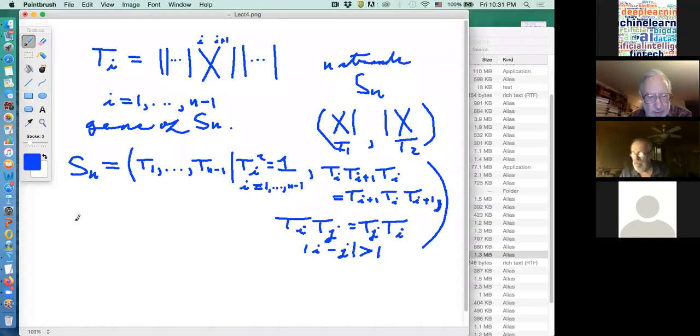I do point out to you why the commuting is happening. This you already saw. This is the ABA equals BAB generalized to the ith place. But what about the commuting? Well, look at this, for example.